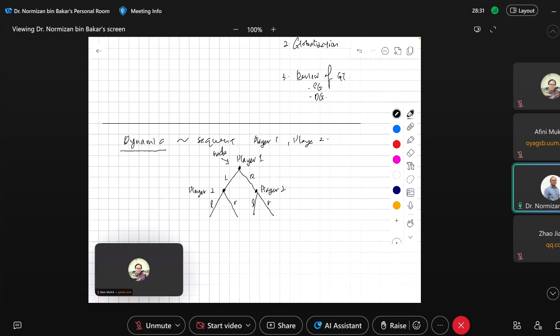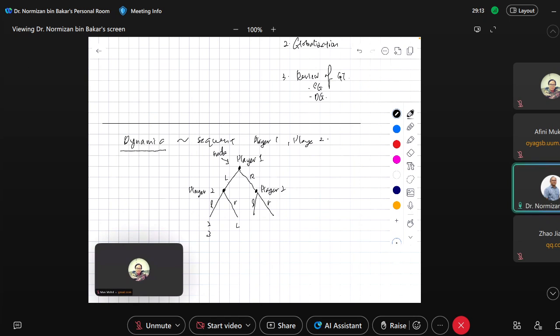So let's say player one chooses L, and then player two chooses L or R. Or player one chooses R, and player two chooses L or R. And let's say the payoffs are 2 for player 1, 3 for player 2; 4 for player 1, 5 for player 2; 3 for player 1, 2 for player 2; and 4 for player 1, 3 for player 2.